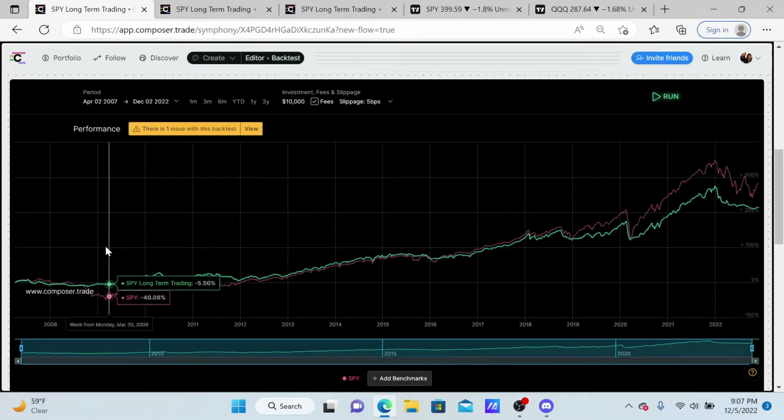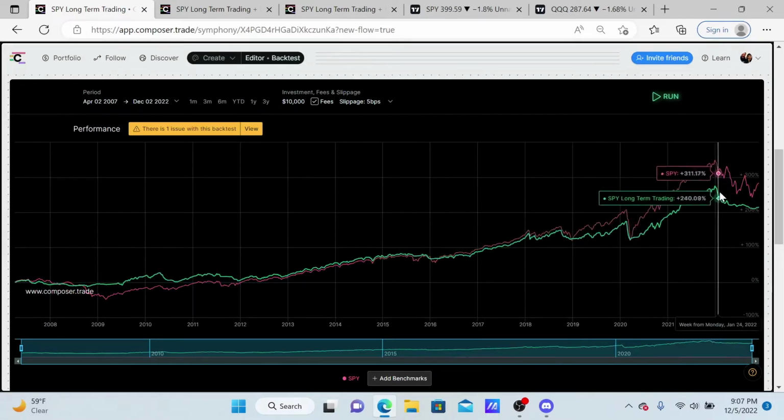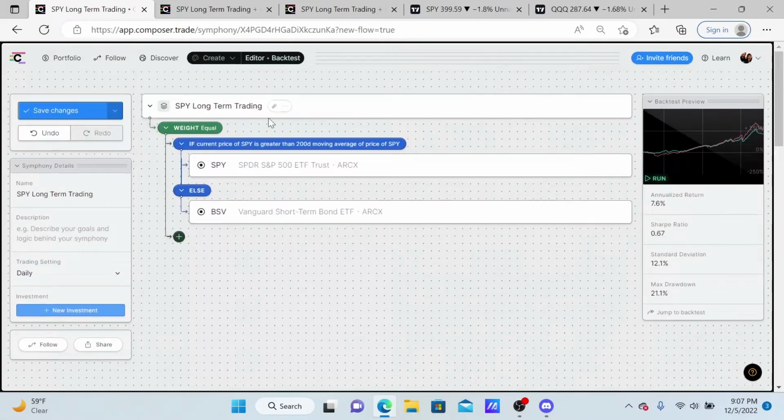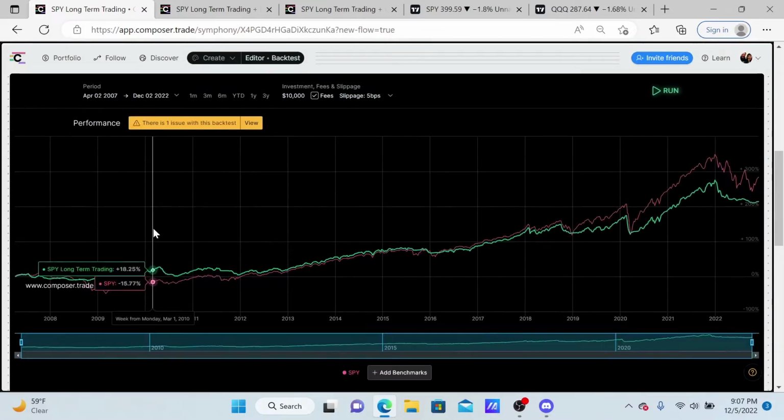Okay, so here is what your strategy will look like if you're trading solely based off the 200-day moving average. So the reason I do this is to avoid recessionary declines, market crashes, things like that.